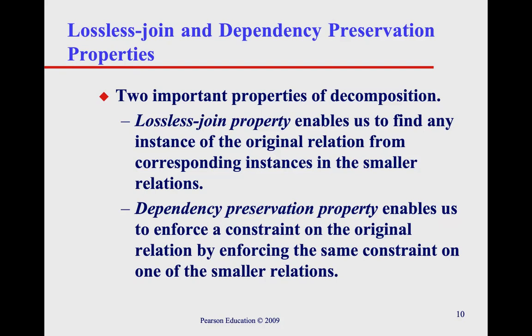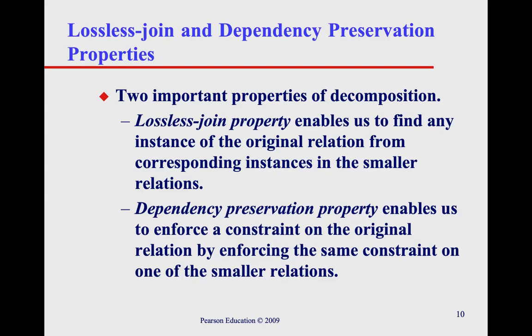And then the second thing we need to ensure as we decompose a relation into multiple subrelations is to preserve dependencies. So for example, the branch address depends on the branch number. So we want to ensure that that dependency is preserved in one of the smaller relations.